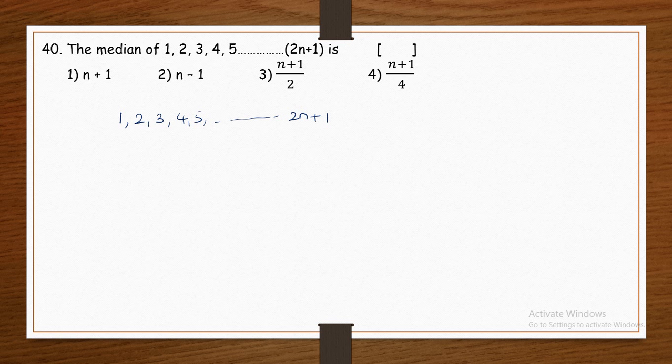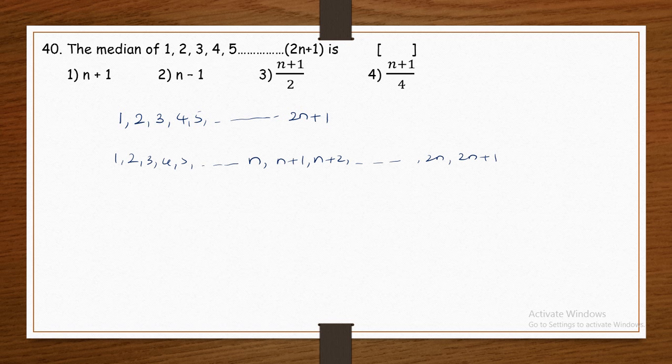Now if you observe, what will be there in the middle? 1, 2, 3, 4, 5 and so on. So there will be some n, right? After that n plus 1, n plus 2, n plus 3 and so on. You will have 2n, 2n plus 1.